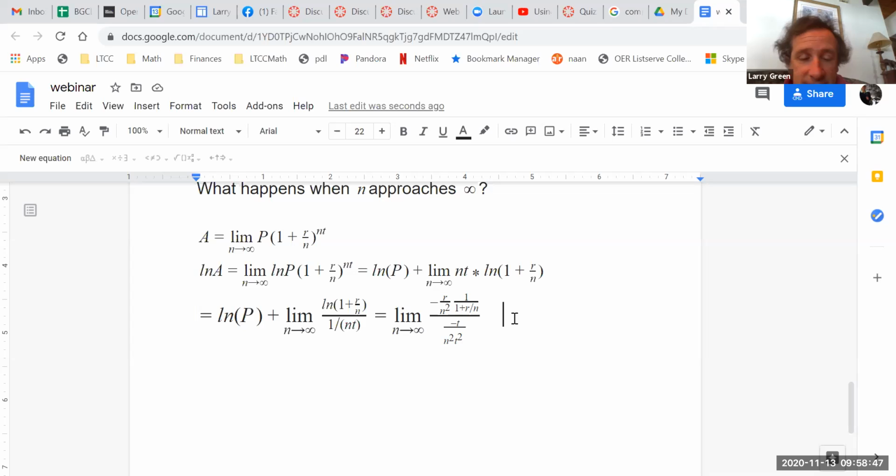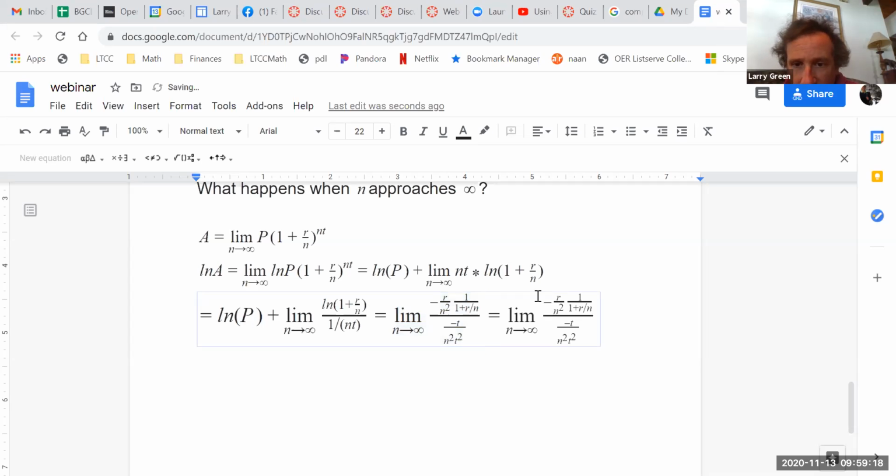Why is this good? Okay, take a look at it. It simplifies. That's why it's good. So this is equal to, let's write down what it's equal to.